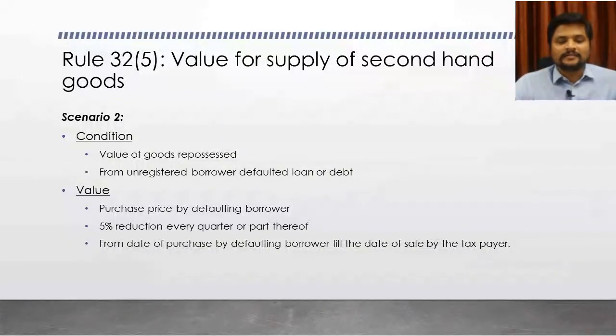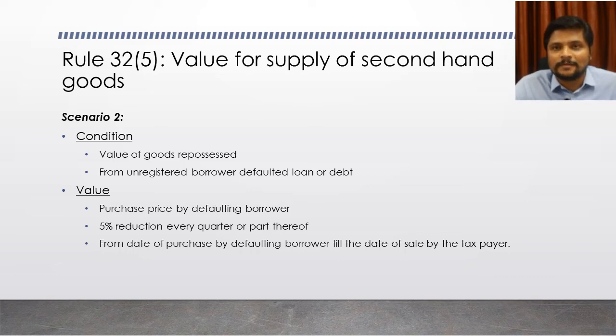Scenario 2 is value of goods repossessed. In this rule, the goods are repossessed from an unregistered borrower who has defaulted on a loan. For example, a bank has provided a loan for a customer who is purchasing a new car, and the customer has not paid the loan, the repayment of the loan is not done properly.